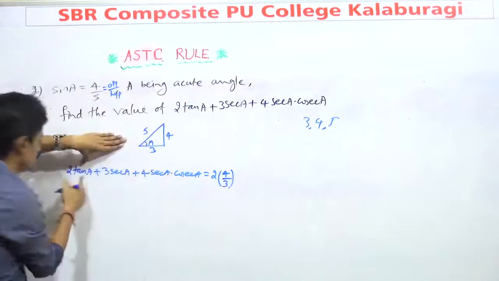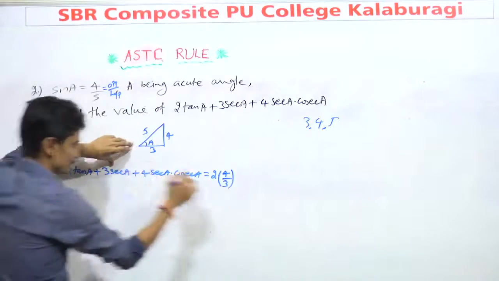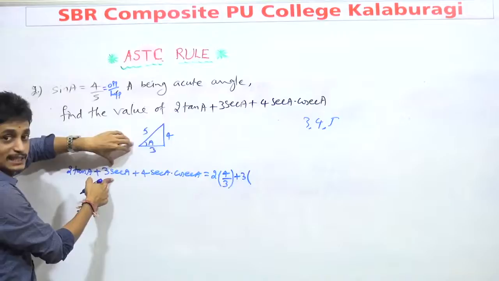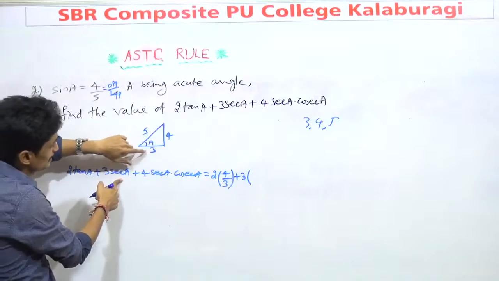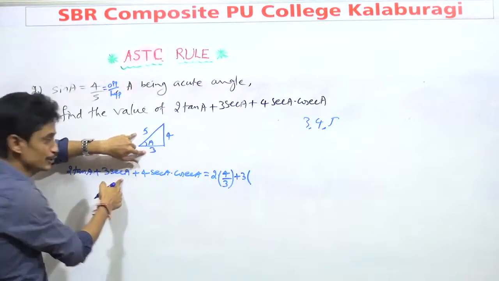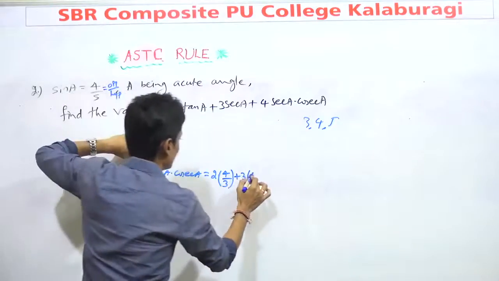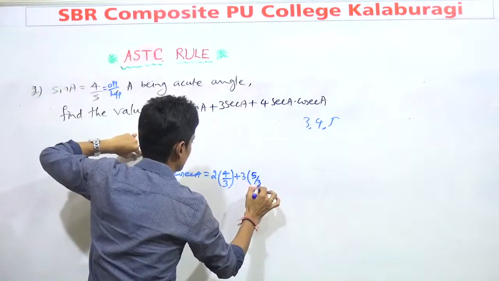Plus, in the middle, 3 into secant A. Secant A is hypotenuse by adjacent, that is 5 by 3.